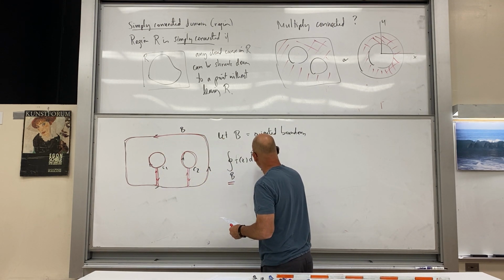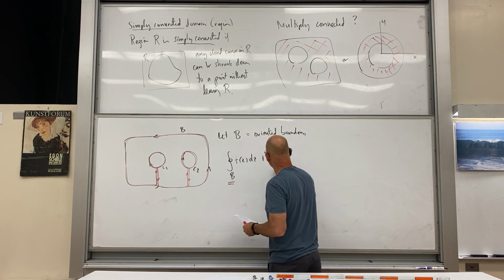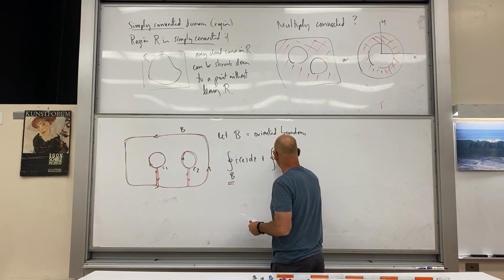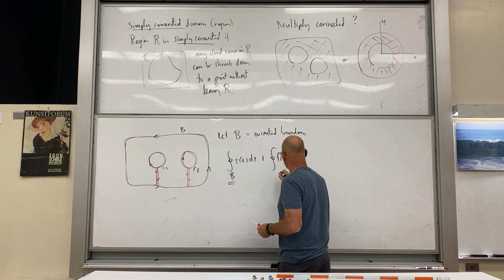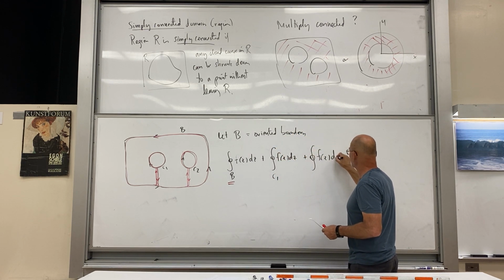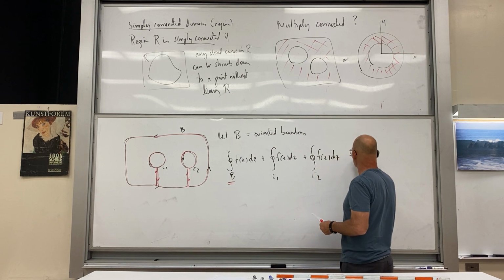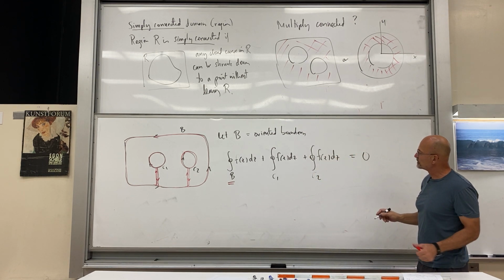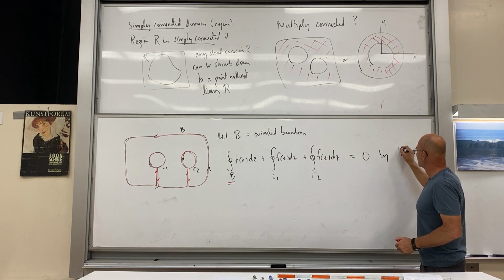Now we have B plus integral f of z dz, C sub 1 plus integral f of z dz, C sub 2 equals 0 by Cauchy's theorem that we just proved.